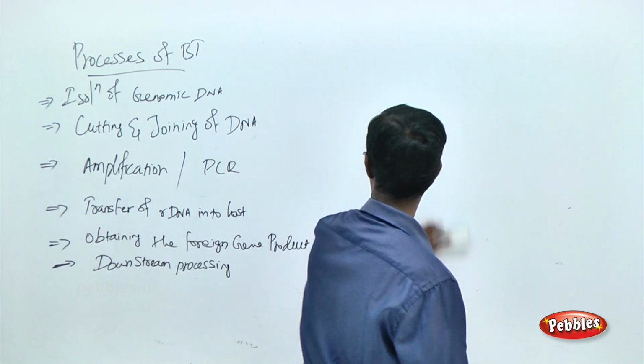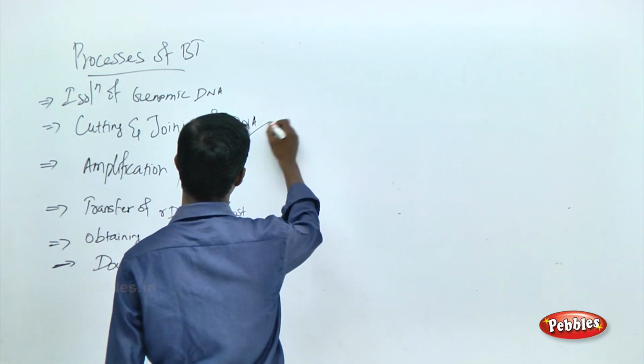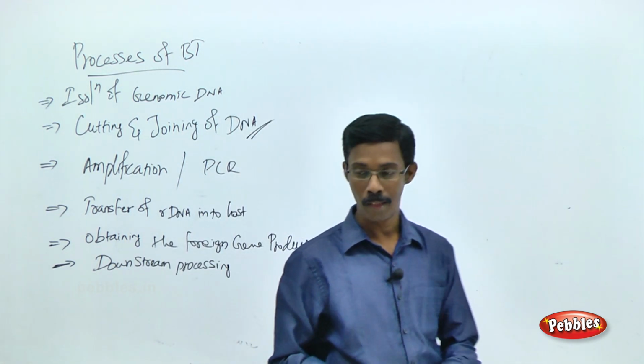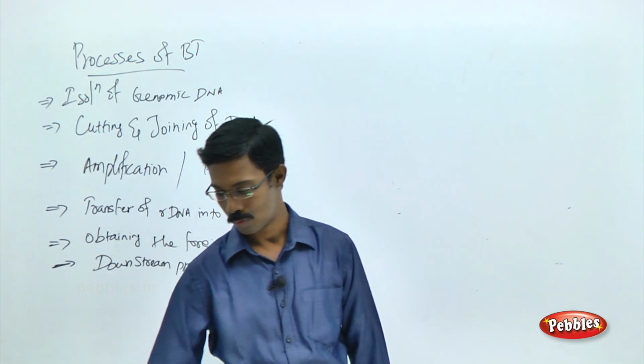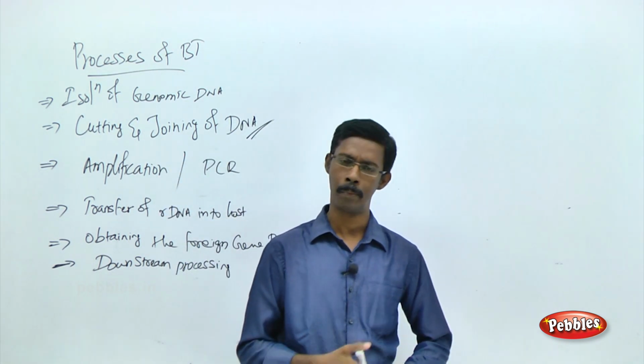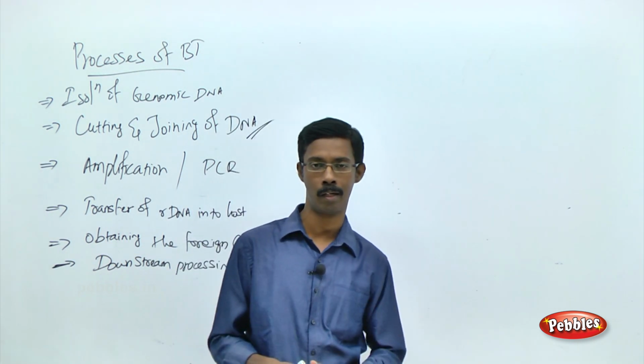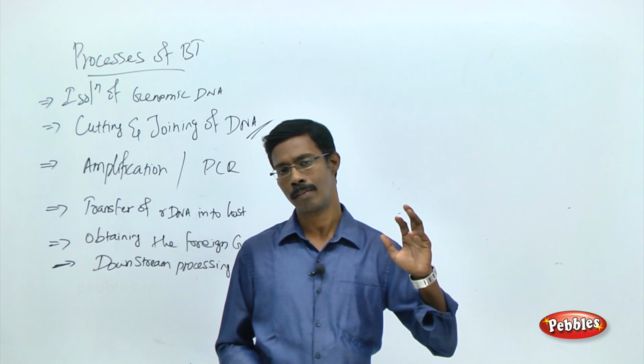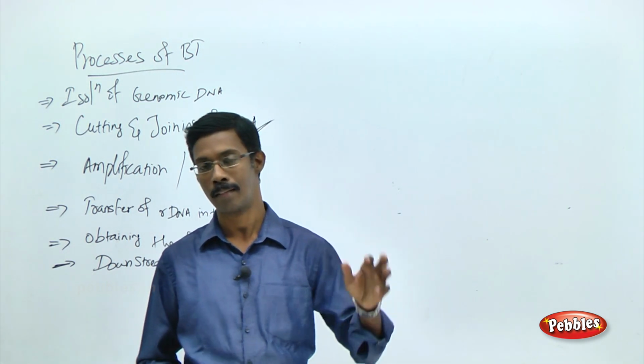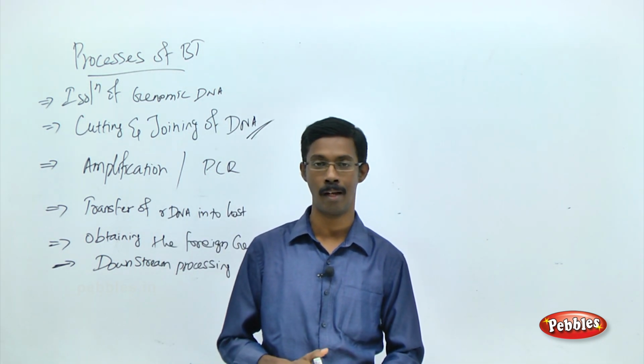Then the next step, as we have discussed, is the cutting and joining, the manipulation of the DNA molecules. We discussed manipulation in detail in a previous section, but I will repeat it once again. There are some enzymes called restriction endonucleases, and some enzymes called ligases.